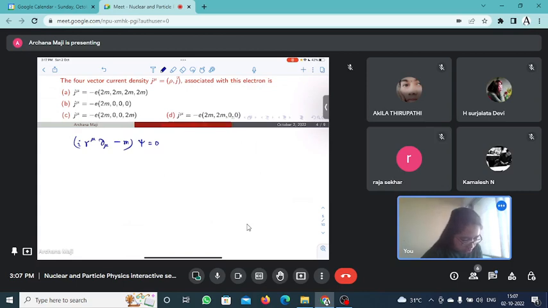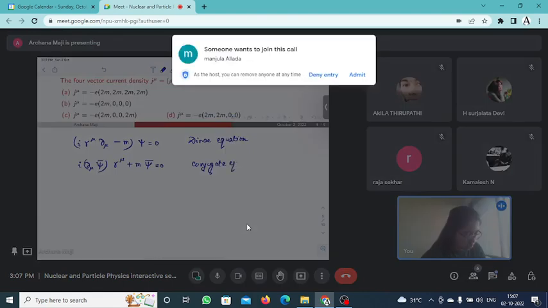This is the Dirac equation which the wave function of the electron satisfies, and then there is the conjugate equation of this form: i del mu psi bar gamma mu plus m psi bar is equal to 0. This is the conjugate.